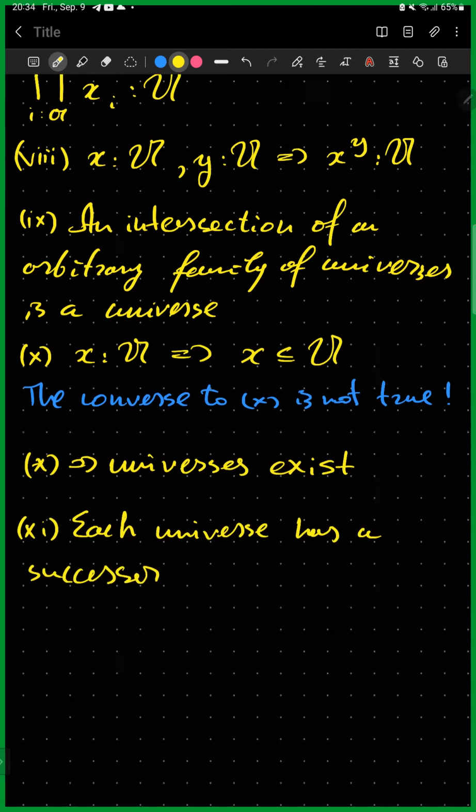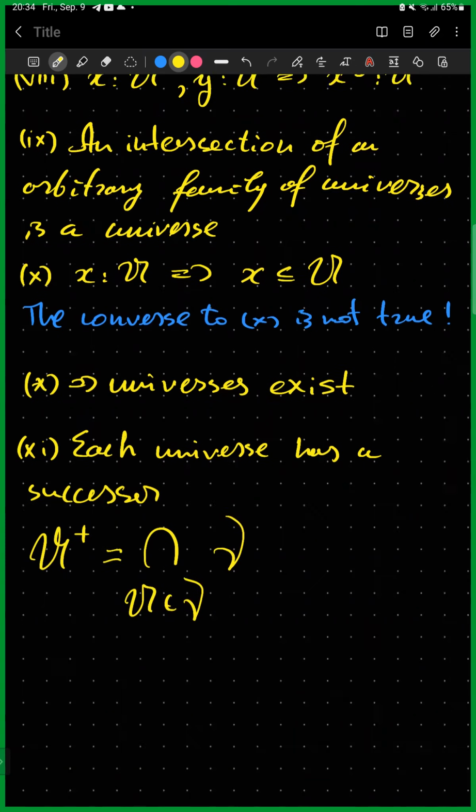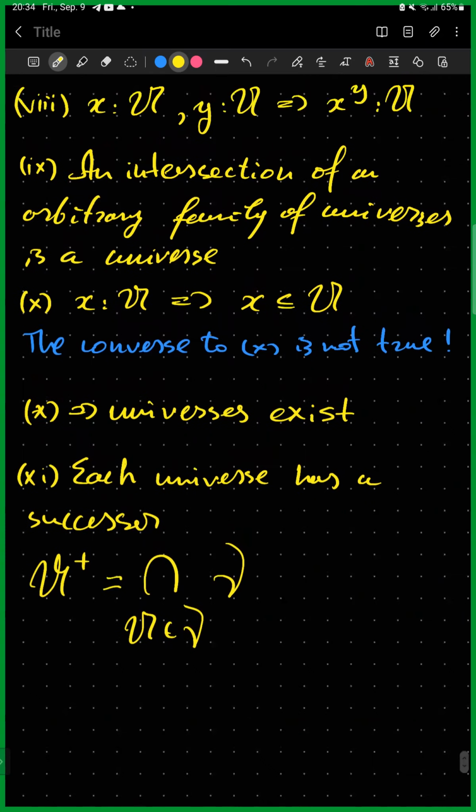And the construction is pretty simple. We just take the intersection of all universes which contain U as an element. So it clearly differs from U because U cannot contain itself. And also, since we have this corollary number 9, an intersection of such a family is also a universe. So we obtain a successor universe.